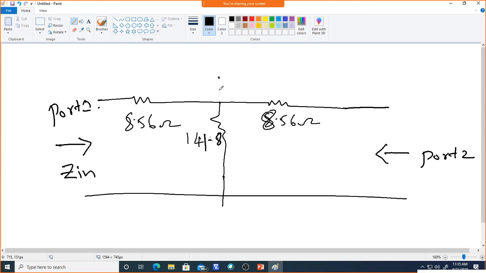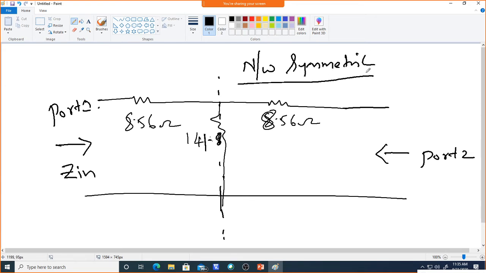If you see at this exact point, the network is symmetric about this point, so it possesses reciprocity. If it is a symmetric network, then you will get S11 equal to 0 and S22 equal to 0.